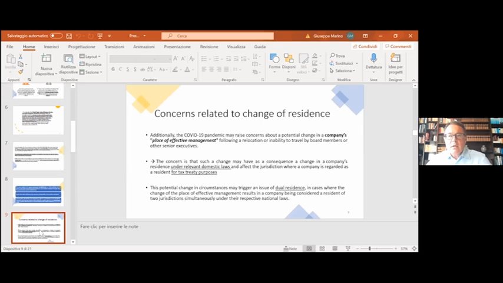Because if the employees or the managers are top managers and are binding decisions for the corporation at top level, well, there is a matter of visualizing a place of effective management and control in a territory other than the territory that has always been shown to authorities, also through country by country reporting.